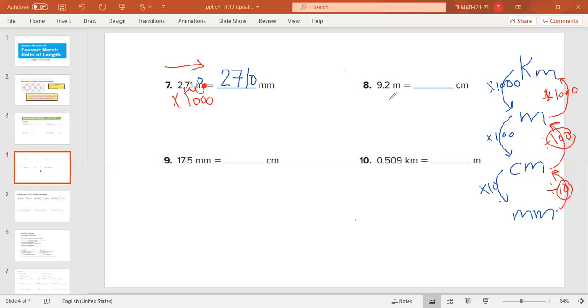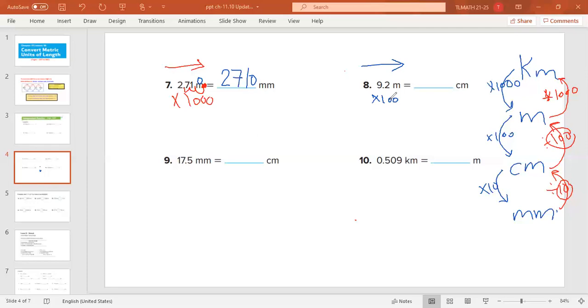Let's go to question number 8. Question number 8, we are going to convert from meter to centimeter. From meter to centimeter, you are going to multiply by 100. So let's do it. When I want to multiply, we are going to move our decimal point also to the right.